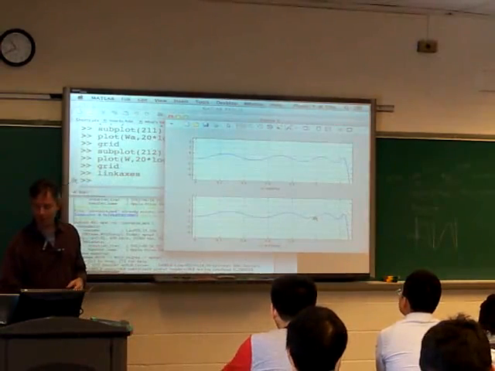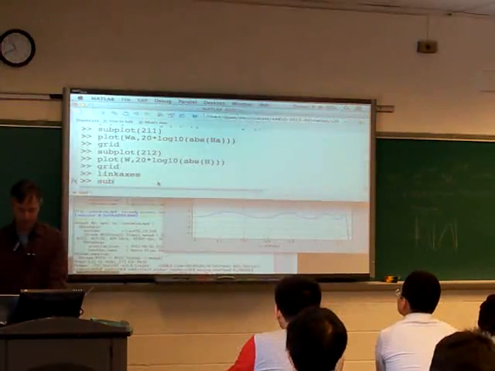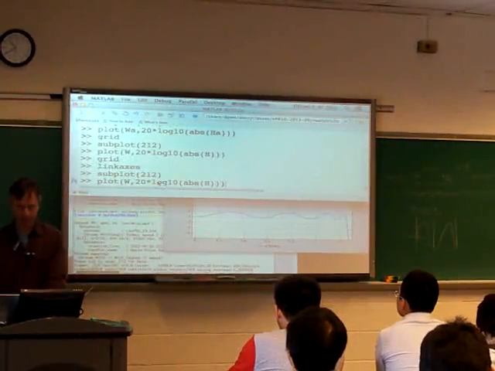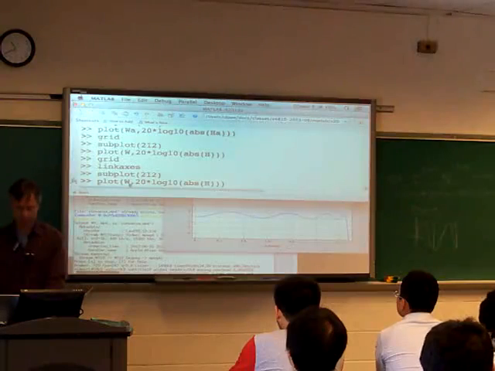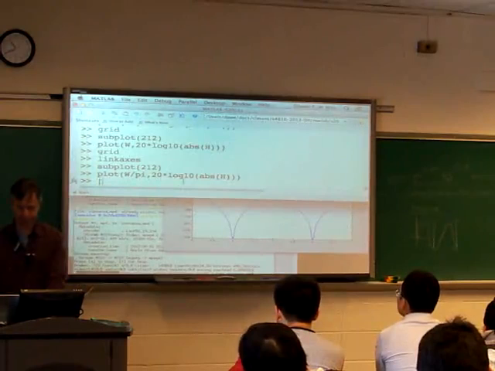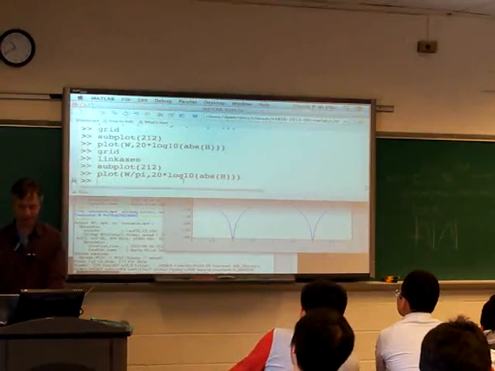But if we did plot it with the normalized frequency axis, so omega over pi, let's get it back without the big range here.